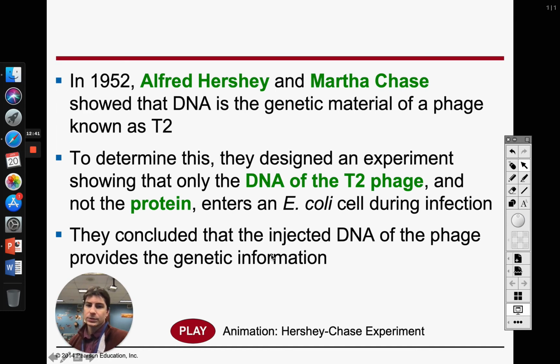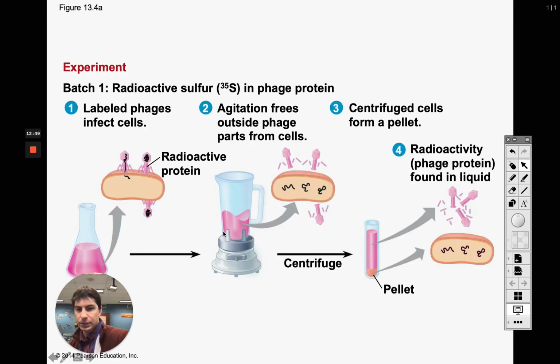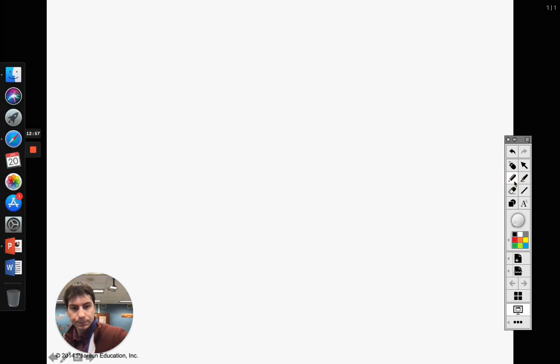What they did was they determined that DNA was the genetic material. And they used the bacteriophage to do this. So let me draw some things out for you here. Okay. So what they did, and I'm going to draw my bacteria cell here.